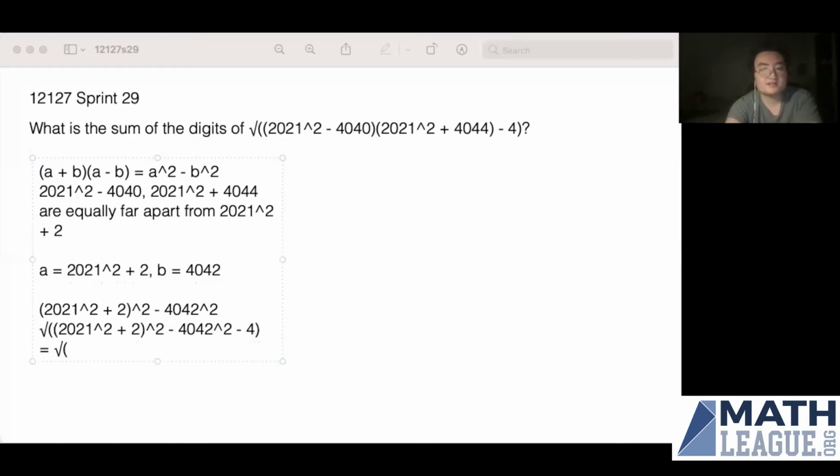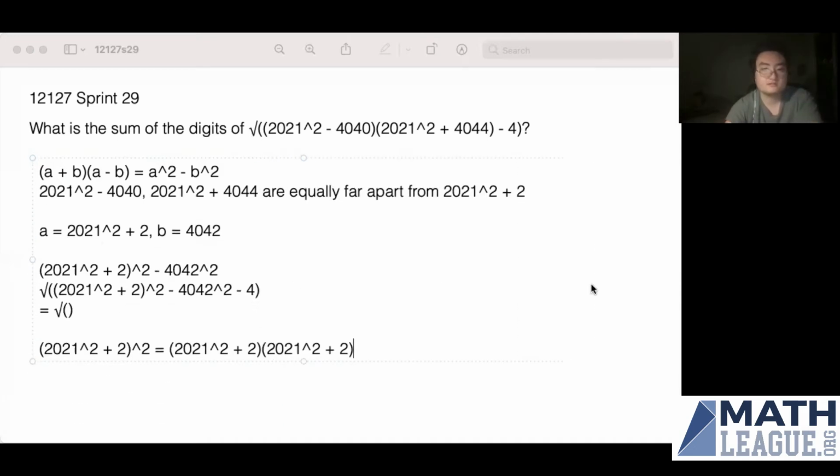So now we can expand 2021 squared plus 2, squared. Before we do anything, we can leave that as is. Let's remember FOIL: first, outer, inner, last. Write this as a product explicitly, of two terms like this. Let's give ourselves more room here. So 2021 squared gets paired with the 2021 squared.